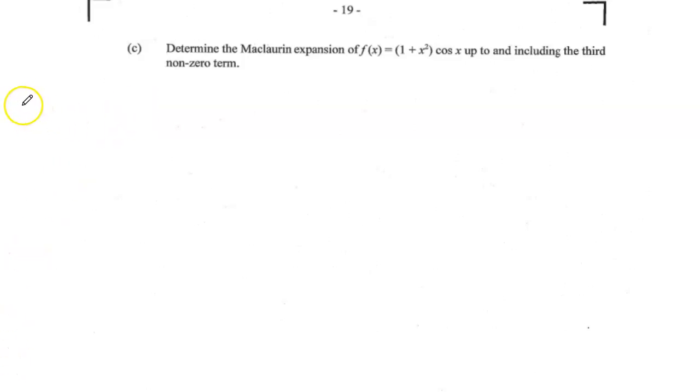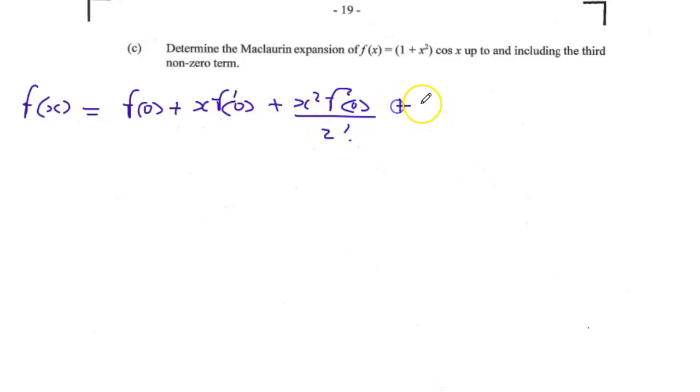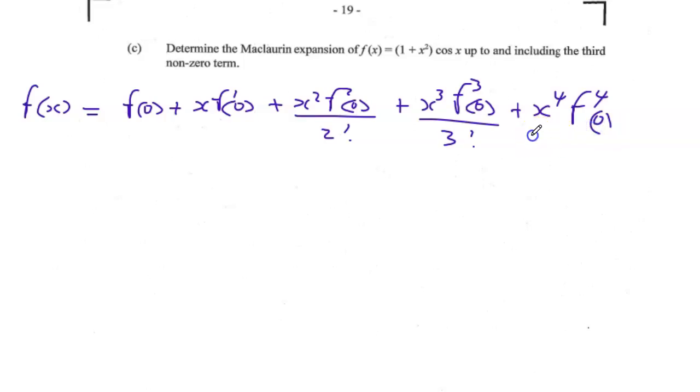So we know the Maclaurin formula is f of x is equal to f of 0 plus x times f prime 0 plus x squared, second derivative evaluated at 0 over 2 factorial, and the pattern continues: x cubed, third derivative evaluated at 0 over 3 factorial, plus x to the power 4, fourth derivative evaluated at 0 over 4 factorial, and so on. x to the power n, the nth derivative over n factorial, and so on.